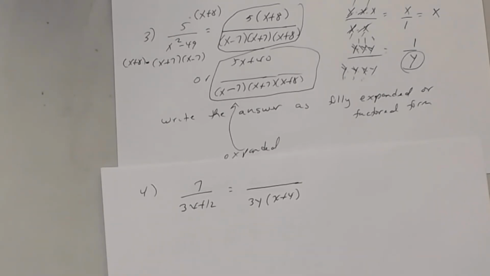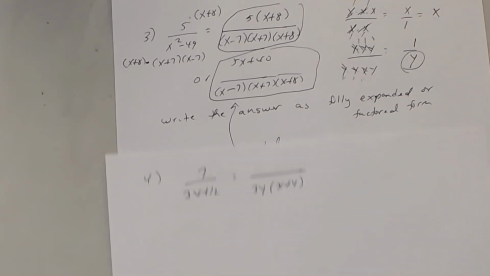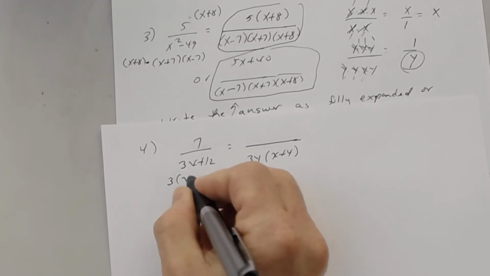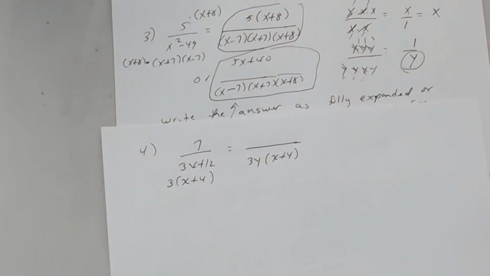All right, so what do you think you would need to do first? Factor the first denominator. So 3x plus 12, how do you factor that? Factor out a 3, and what are you left with? 3 times x plus 4. All right, look at what you have, and look at what you want the denominator to be.